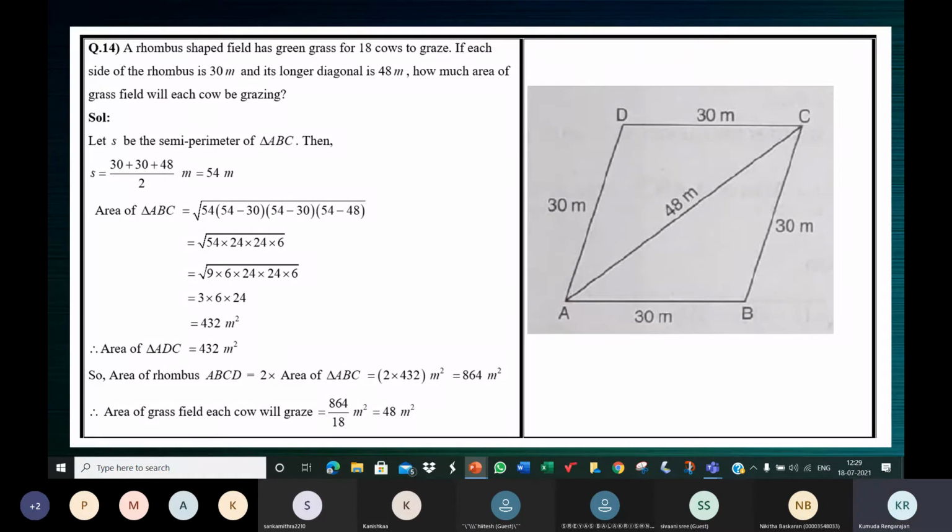How do you find, Kanishka? Ma'am, before itself I found the diagonal, ma'am. BD is 18, ma'am. Okay, how did you find? Ma'am, I found it because we know the area of the right angle triangle ABC, ma'am. No, I don't want you to do it like that. That I would have told you.